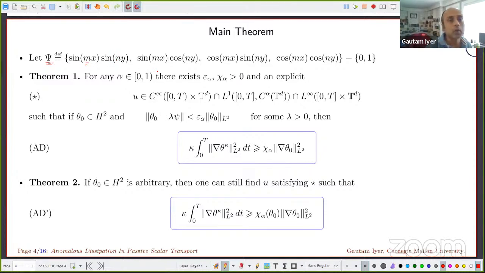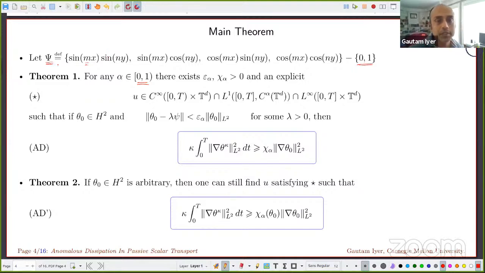It's just pure harmonics, no sums. Let's throw out the constants and call this set capital psi. Now I claim that for any alpha less than 1, I can find you a velocity field u that produces anomalous dissipation for initial data close to this set.